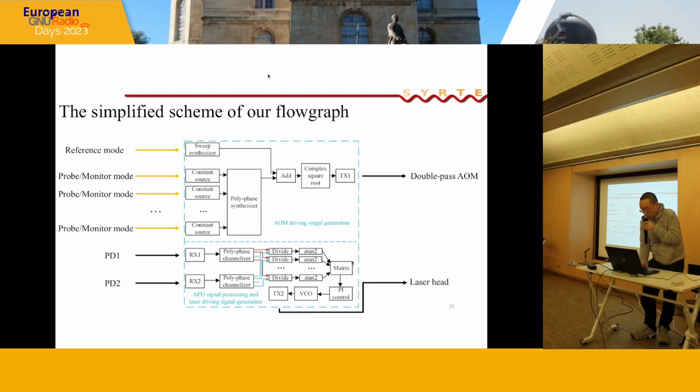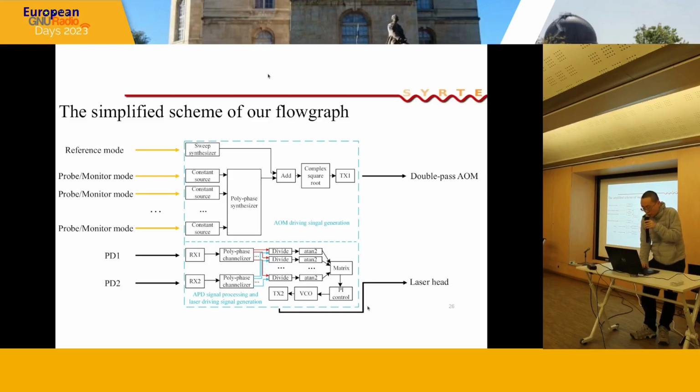The matrix can assign weights to all kinds of signals, depending on our purpose. And this is a PI loop control, which generates the error signal. This VCO is a voltage-controlled oscillator, which converts the voltage signal to the frequency signal that we need.